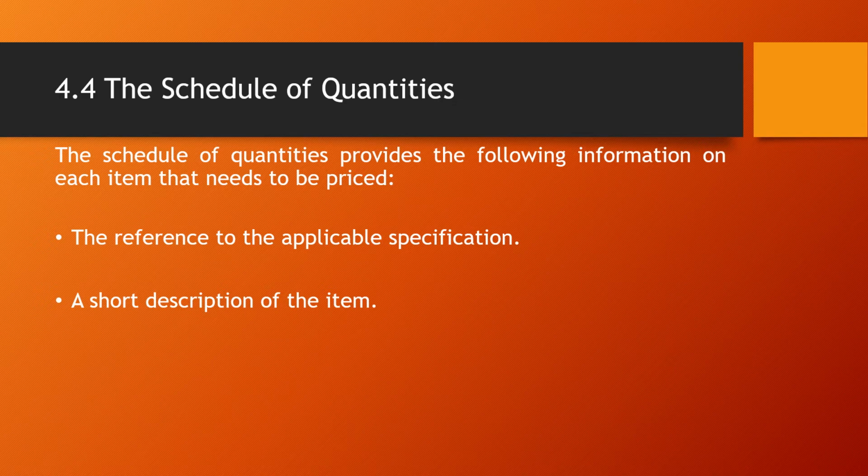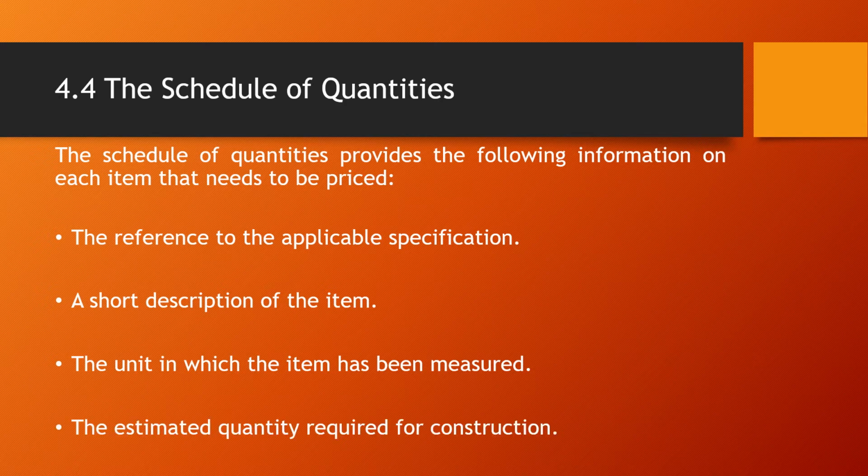And then the second column is usually the description of the specific item, and then you get the units of measurement, and then you get the estimated quantity.